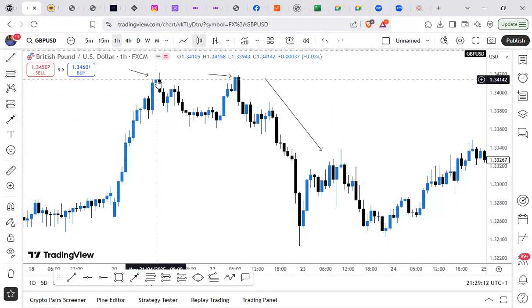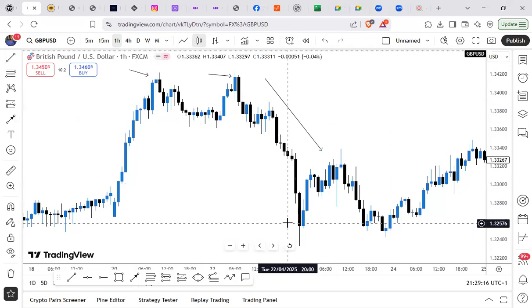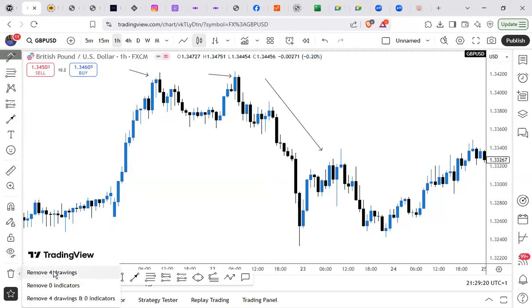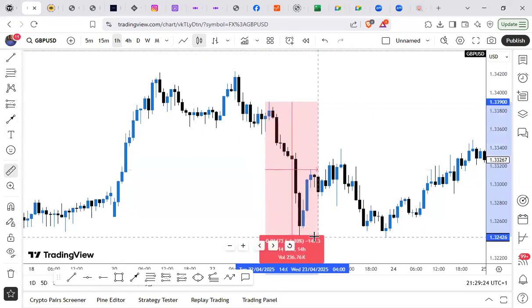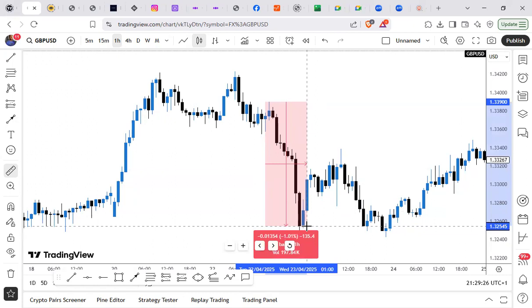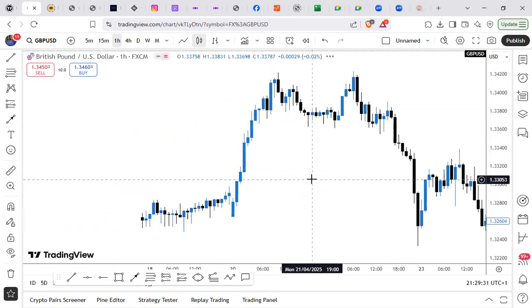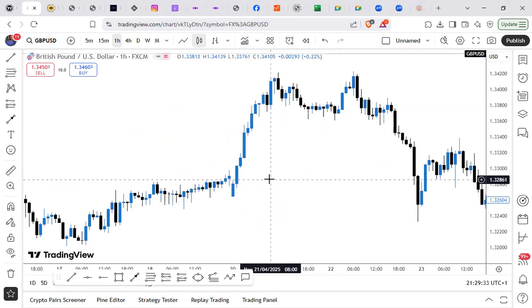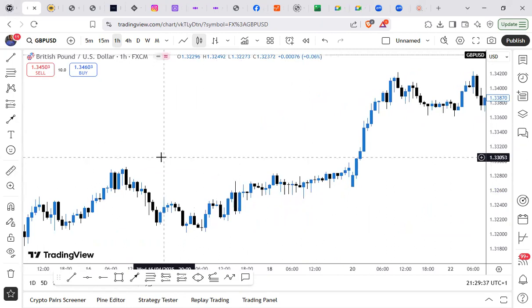See the first one here, the second one here. Sellers came and it sold massively. If you check how many pips from here, it sold 135 pips.